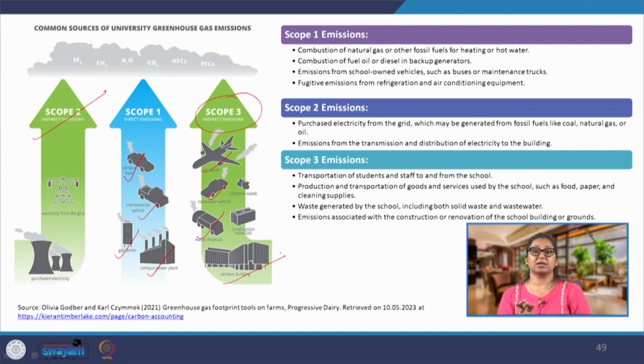The emissions that are coming from them are direct emissions, but the campus buildings, other than those direct emissions, have been put in scope 3 indirect emissions. Why? Because the buildings themselves are not resulting in emissions directly. All the direct emissions we would have already included in scope 1. The electricity that is going to be used in these campus buildings is going in scope 2.